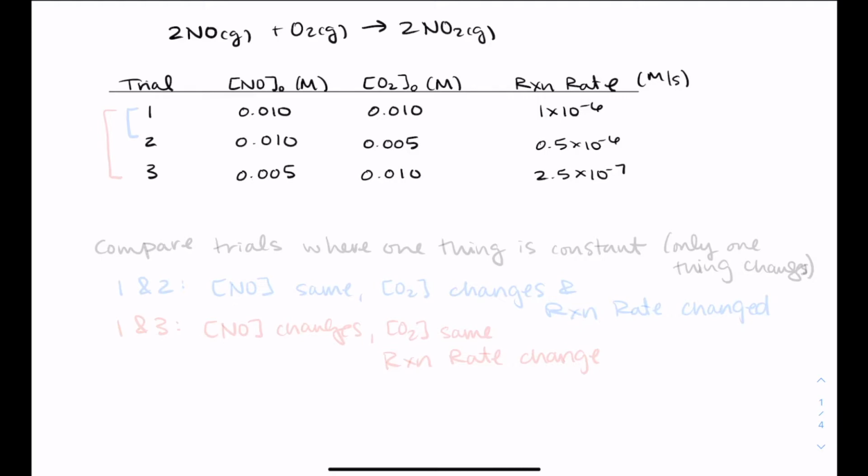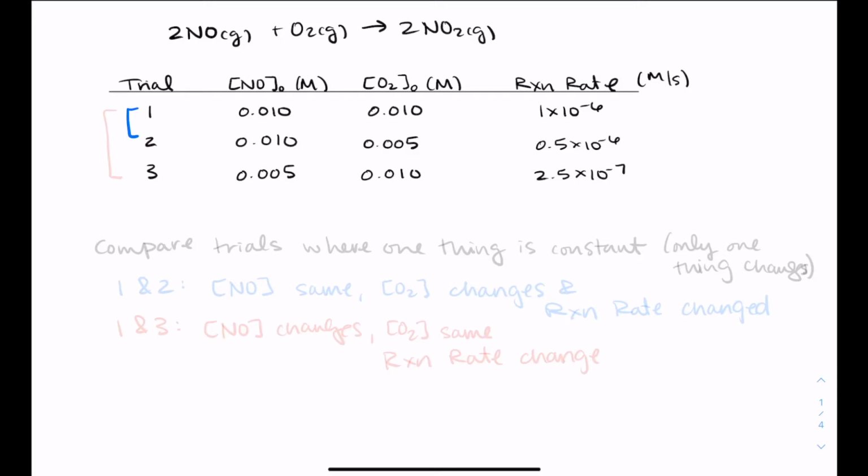I've got 3 trials worth of data. In trial 1, my initial NO concentration was 0.010 molar. My initial O2 concentration was 0.010 molar. And when I measured my reaction rate, it was 1 times 10 to the minus 6th molarity per second.